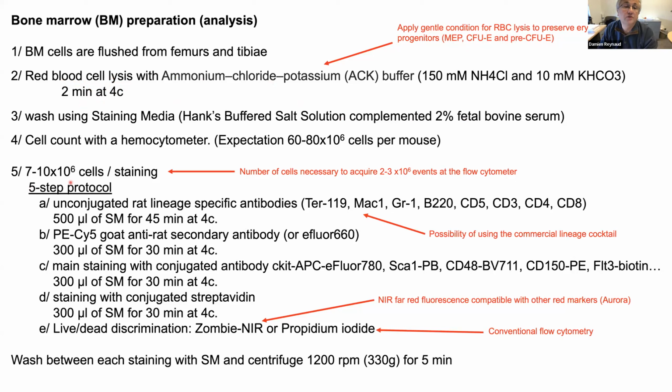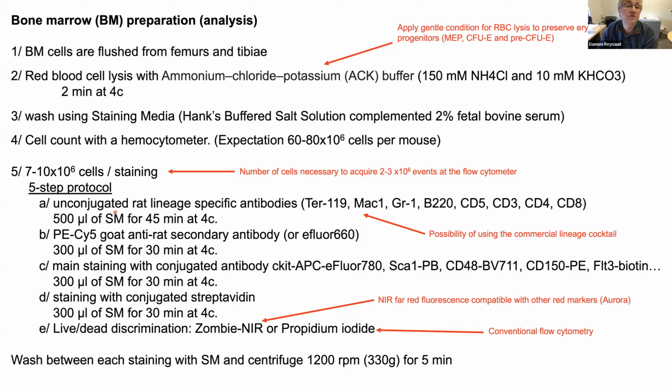I would like to say also that we use 7 to 10 million cells because our protocol is multi-step. Each time you lose cells, and this is the number of cells we found that we need initially to be able to recover and acquire 2 to 3 million events at the cytometer.